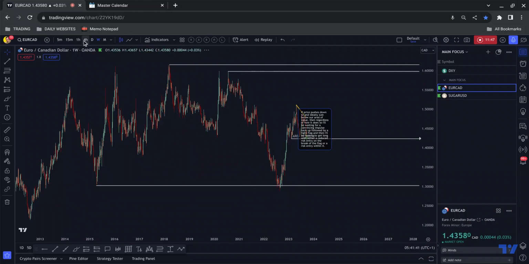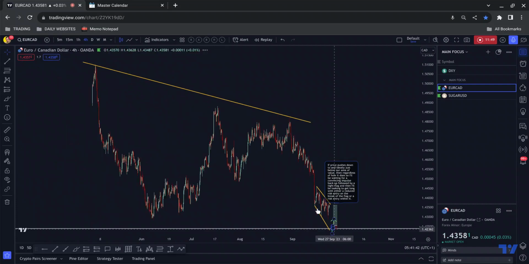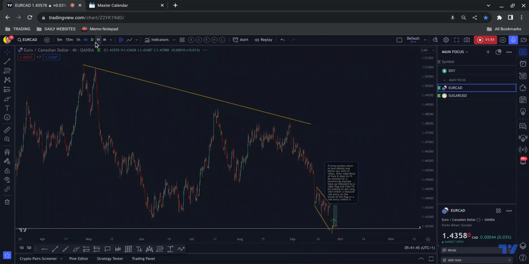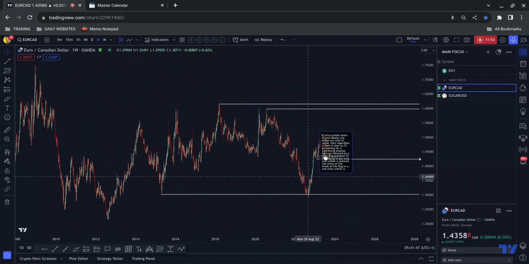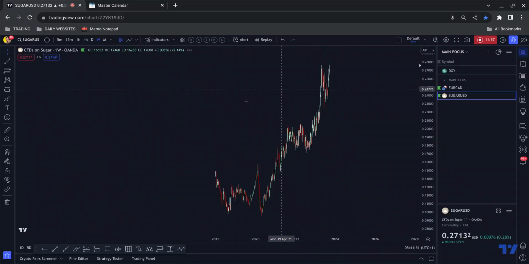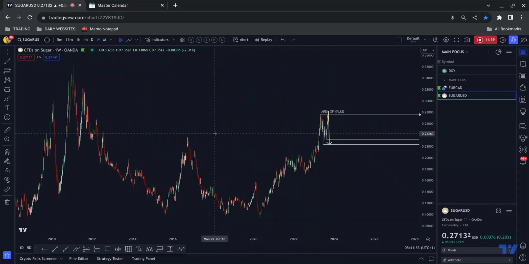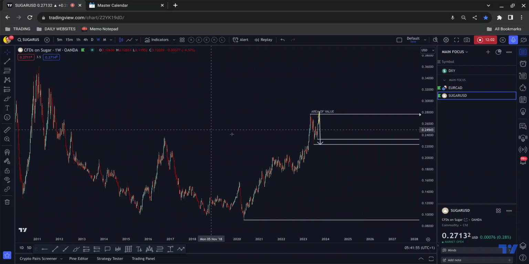So although this is a reversal setup, it is on the higher time frame still in a state of continuation, because we have that impulse correction continuation. Whereas sugar is not really in a state of continuation. Okay, so we're kind of going against this move here.